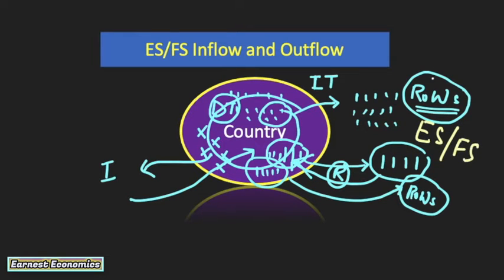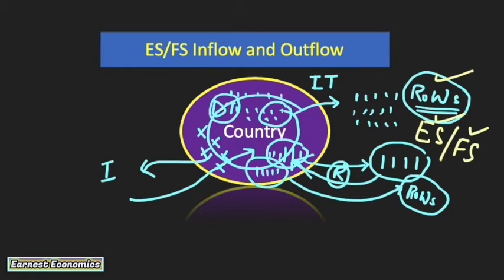So we have three names: rest of the world sector, external sector, and foreign sector, which we use synonymously. Now, this makes clear to us what actually an external sector is.